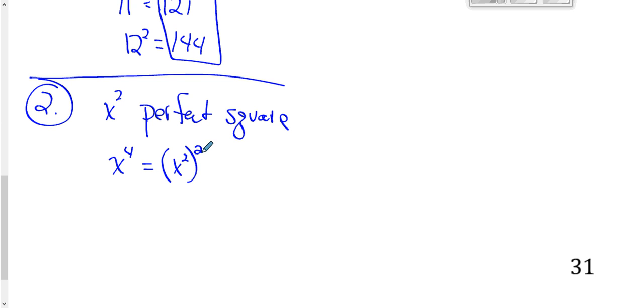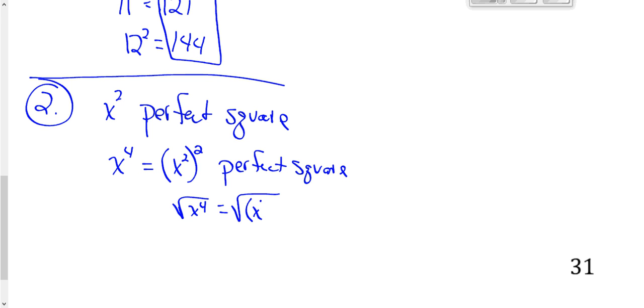So it's a perfect square. What is the square root of x to the fourth? You're basically taking the square root of x squared squared, and square root undoes squaring, but only one of them. So you get x squared.